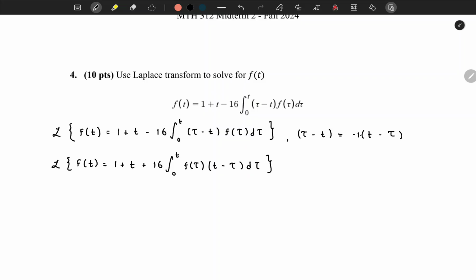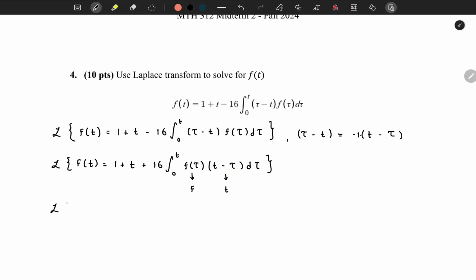And so now we need to identify the two functions. Obviously one is just f, and the other function, we can call it g of t, or well, we don't even need to call it. This is technically just t.